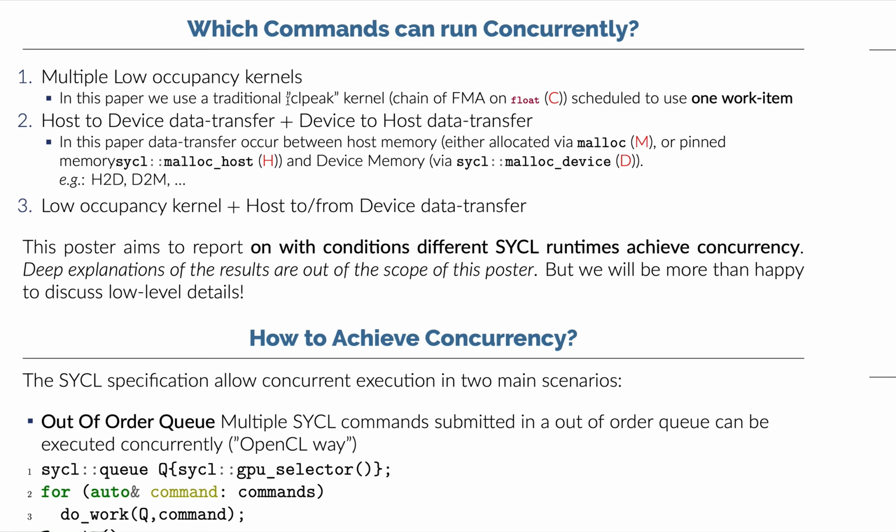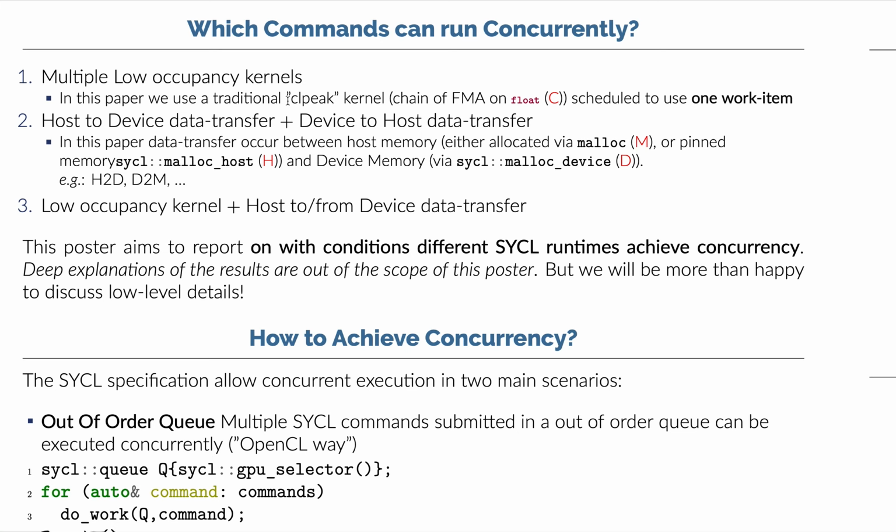In our case, these are kernels that run on one work item, and we hope that multiple instances of those kernels can run in parallel. So we submit multiple parallel_for kernels, each running on only one work item, and we expect them to run in parallel.